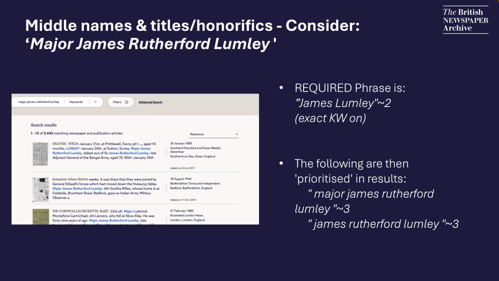And so you see results like you have here on the left. The first result has Major James Rutherford Lumley, full text. As you go down these results, you ultimately get to things that just have James Lumley or Lumley, James in the results, because they still match, right? So this is an example of how the name search is doing a more powerful trick here.